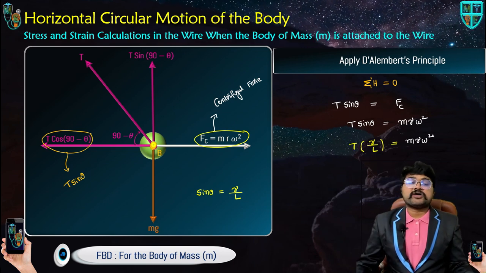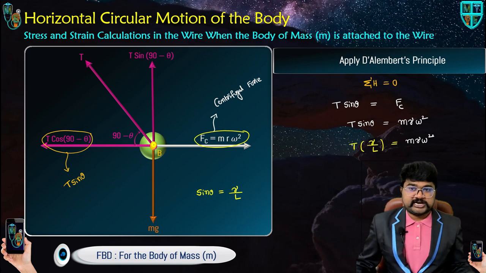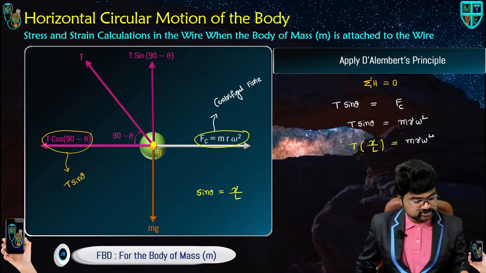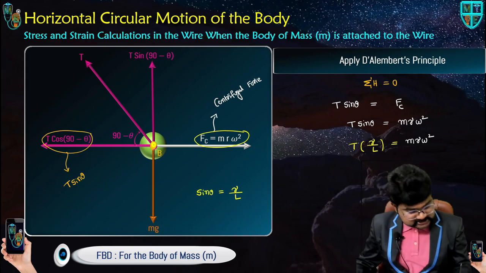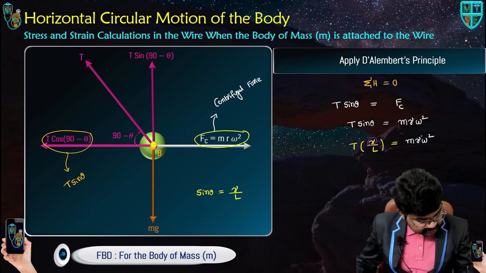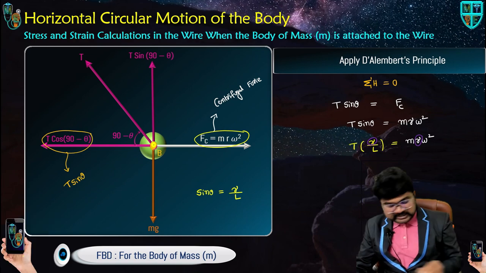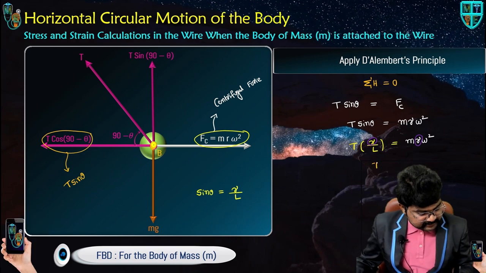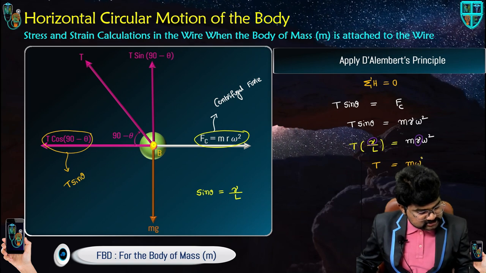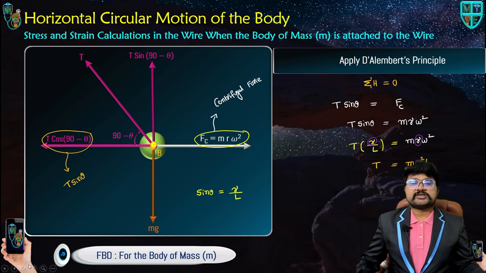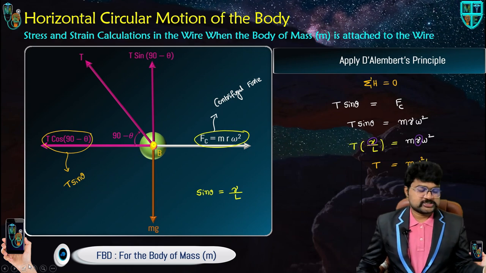Omega is the angular velocity of the body, which is in horizontal circular motion. Here R gets cancelled out. You can cancel this R and this R. What is the tension in the string? T equals m omega square L. The tension in the string is obtained, that is equivalent to m omega square L.